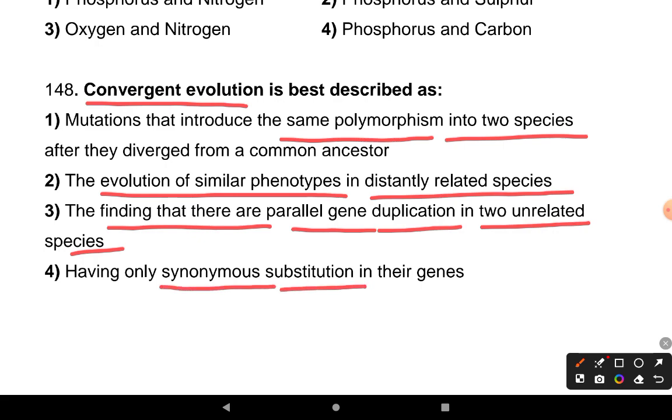So the correct answer is option 2. Convergent evolution is similar phenotype in distantly related species, such as wings of butterfly and bat. They are convergent organs, or it is known as convergent evolution.